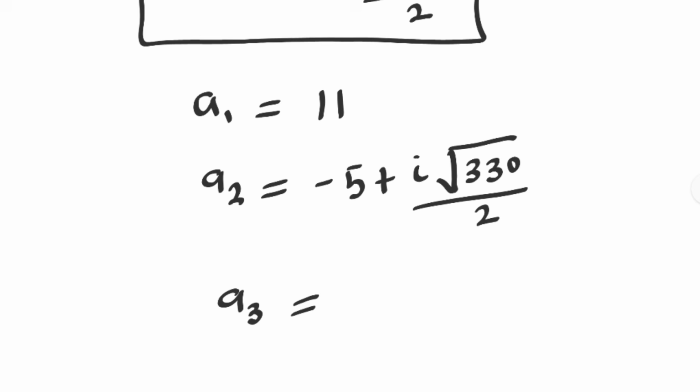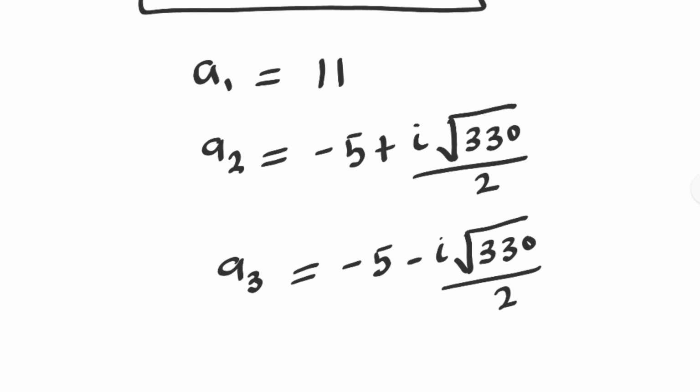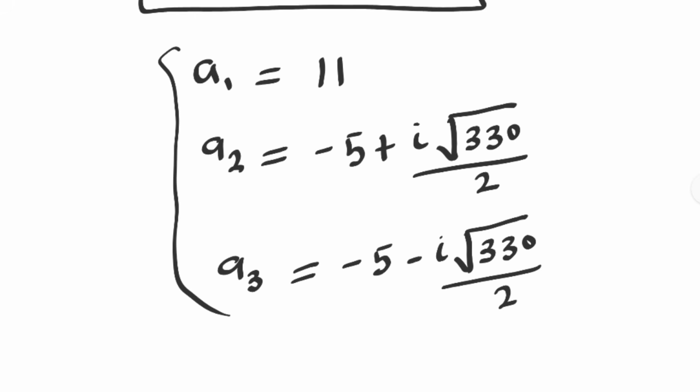A3 is equal to minus 5 minus i square root of 330 divided by 2. You can see that we have one real root and two complex roots. We may check to confirm if this answer is right or wrong.